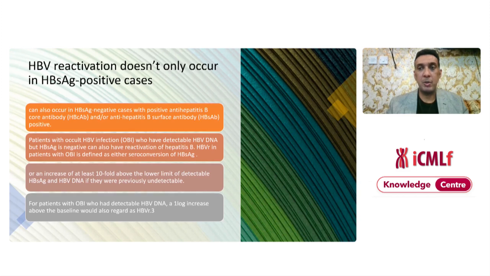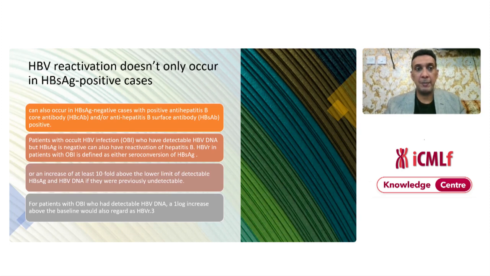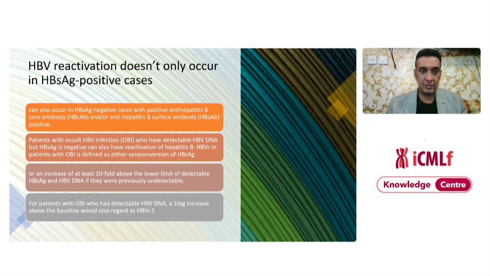So this is very important information where the hematologist and clinician have to pay special attention in practice, because if hepatitis B surface antigen is negative, this is not the end of the story, and it doesn't mean that the patient doesn't need prophylaxis, and it doesn't mean that reactivation cannot happen. So you should take into consideration this very important phrase that hepatitis B reactivation does not only occur in hepatitis B surface antigen positive cases.